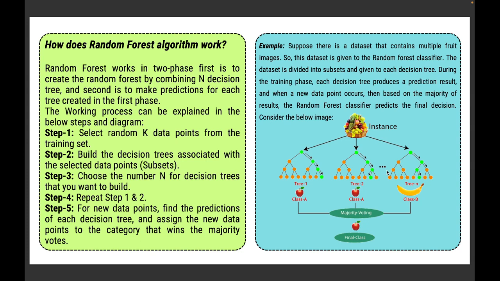We have created decision tree n. Our model predicts that it is a banana, so it belongs to class B. So, by combining the results of all the decision trees, we get an averaged value. That is, it can happen that the result is an apple. So apple will be our final output or prediction.